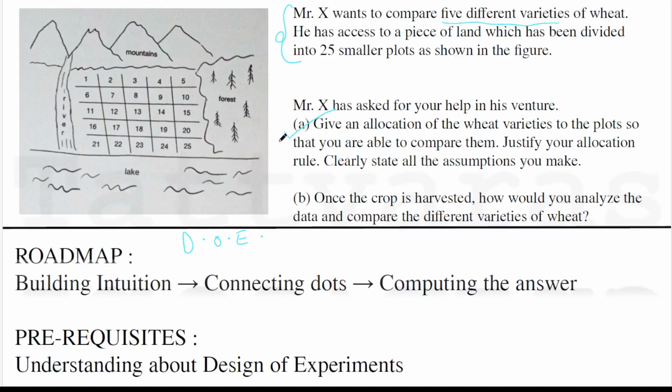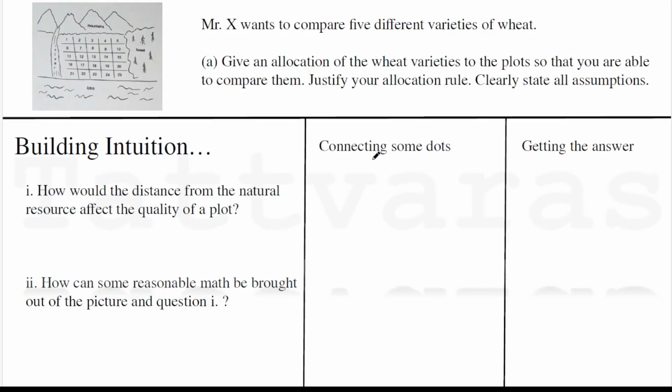The first part is the allocation of wheat varieties to the given land, and the second part is, once that allocation is done, how would you do a meaningful statistical analysis? So let's get started.